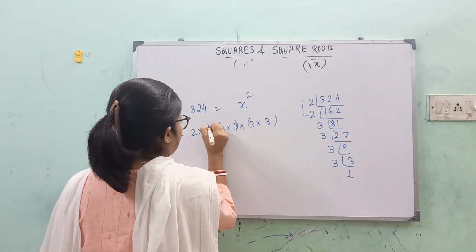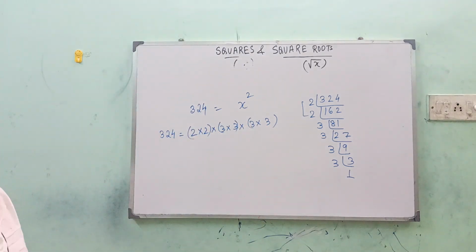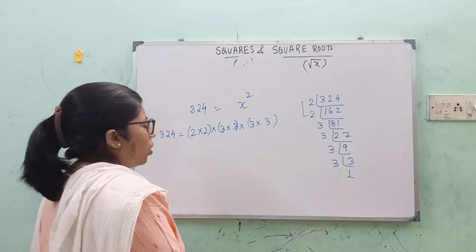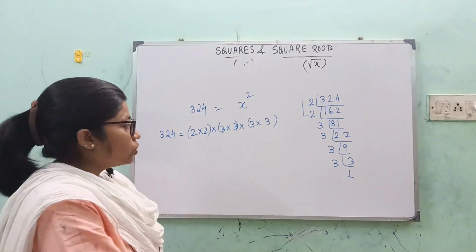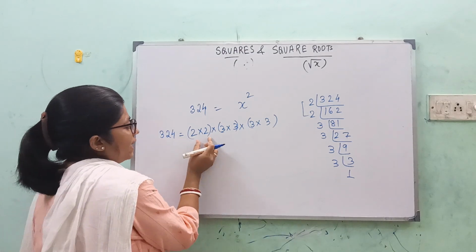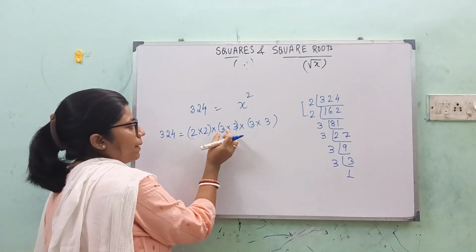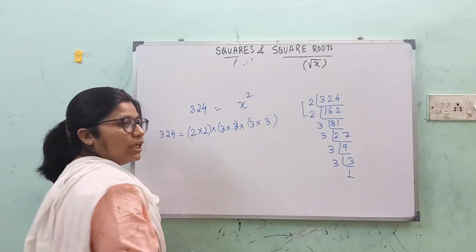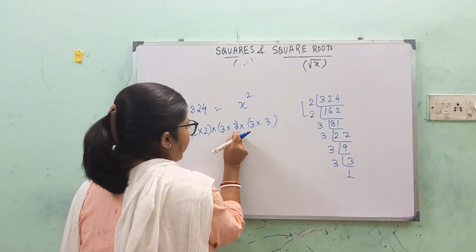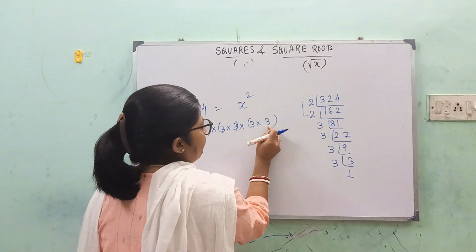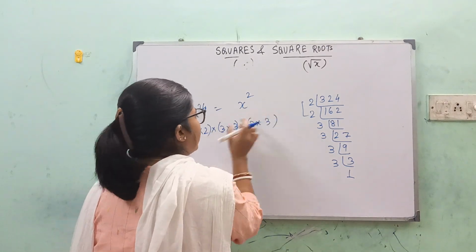So see, we are making pairs. What pairs? Pairs of equal prime factors. So this number 324 could be expressed in the form of product of pairs of equal prime factors. Equal prime factors made into a pair, and the product of them has been done.